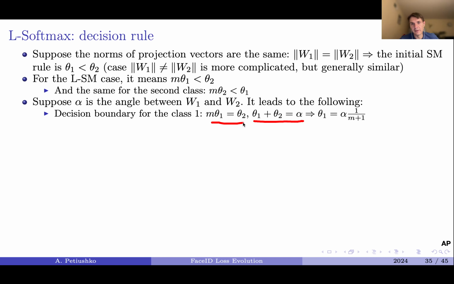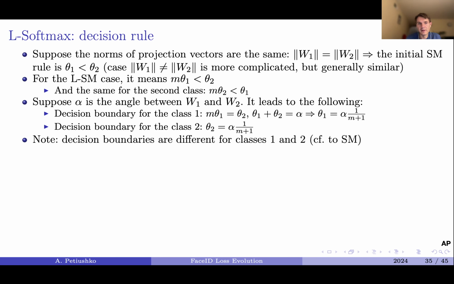So we have here a system of two linear equations, and we can find that theta 1 is just alpha multiplied by 1 over m plus 1. The very same we can do for the second class. By symmetry, we would have alpha multiplied by 1 over m plus 1.